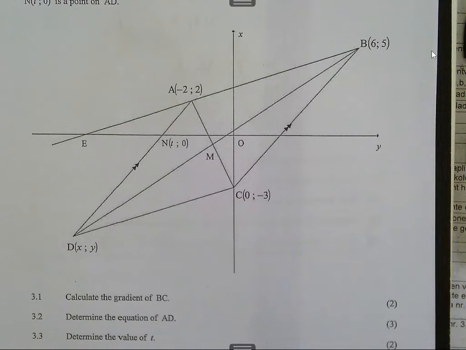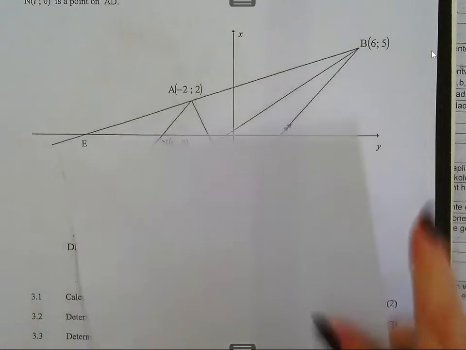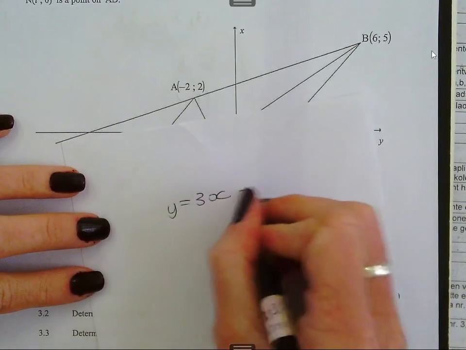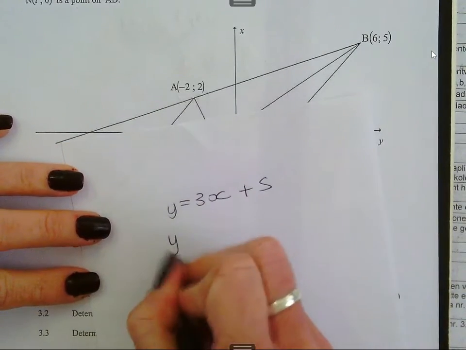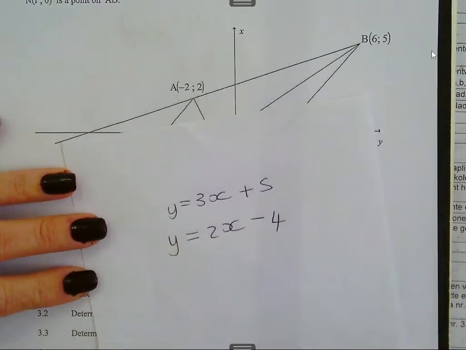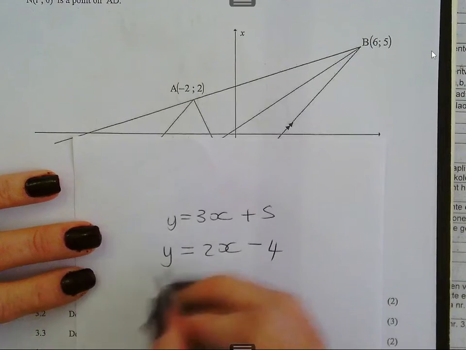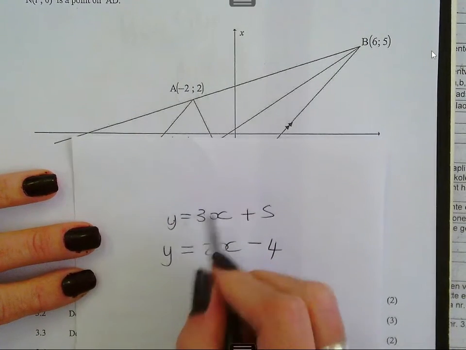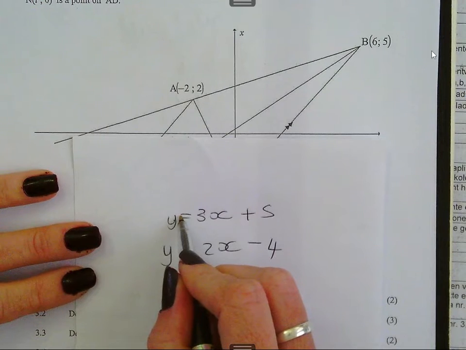Does that ring a bell? Okay. If I want to know where y equal to 3x plus 5 and y equal to 2x minus 4 intercept, I see that they are both equal to y. And if they are equal to the same thing, I know that they are equal to each other.